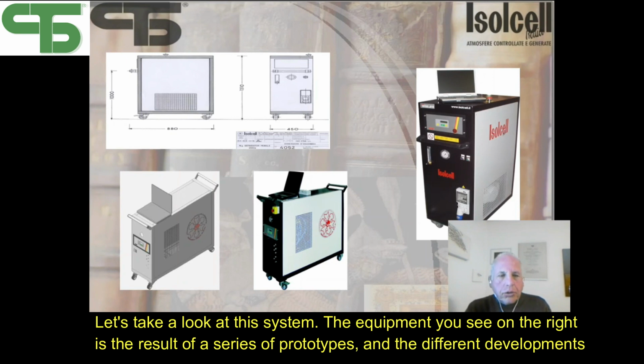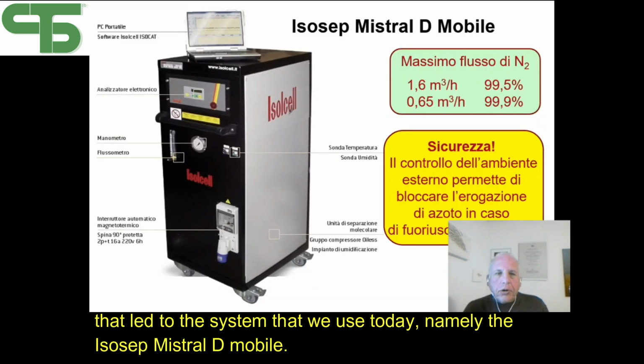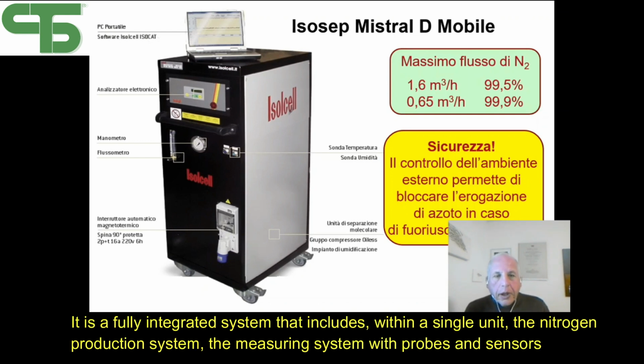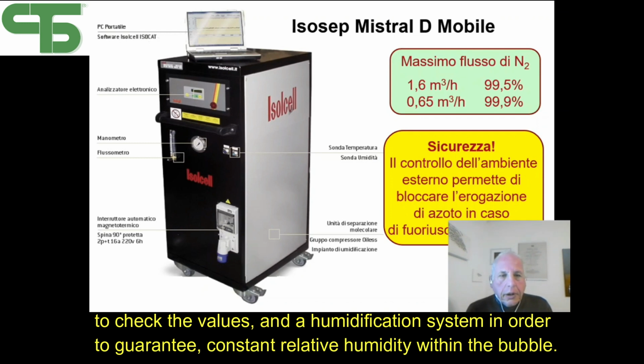The equipment you see on the right is the result of a series of prototypes and different developments that led to the system that we use today, that is the Isosep Mistral D Mobile. It is a fully integrated system that includes within a single unit the nitrogen production system, the measuring system with sensors and probes to check the values, and the humidification system in order to guarantee constant relative humidity within the bubble.